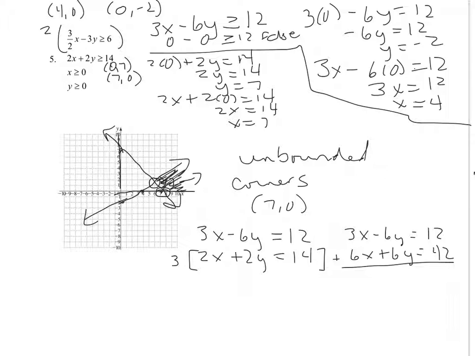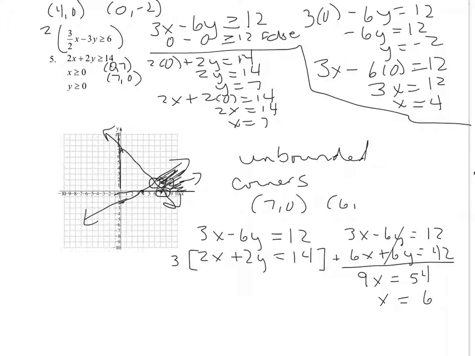And now if I add these up, my y's will cancel, and I have 9x equals 54. Do I have that right? And that would mean x equals 6, because 9 times 6 is 54.